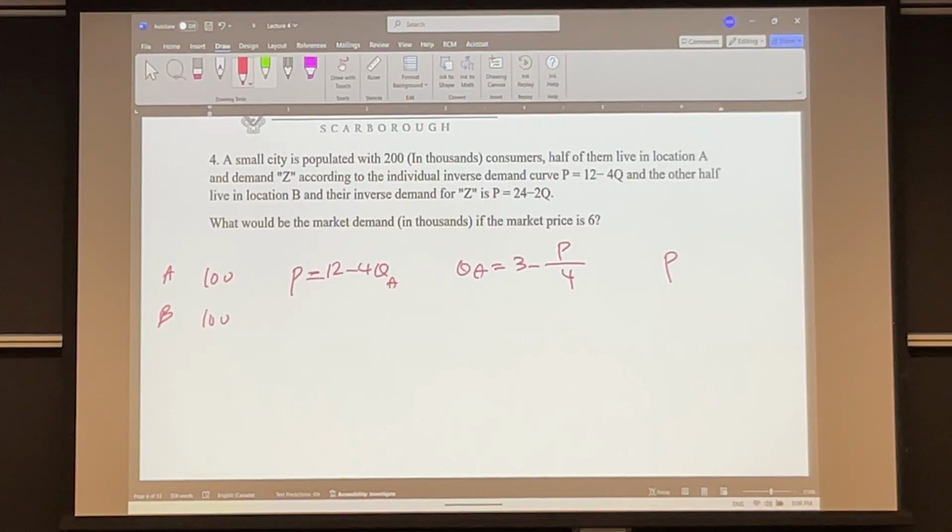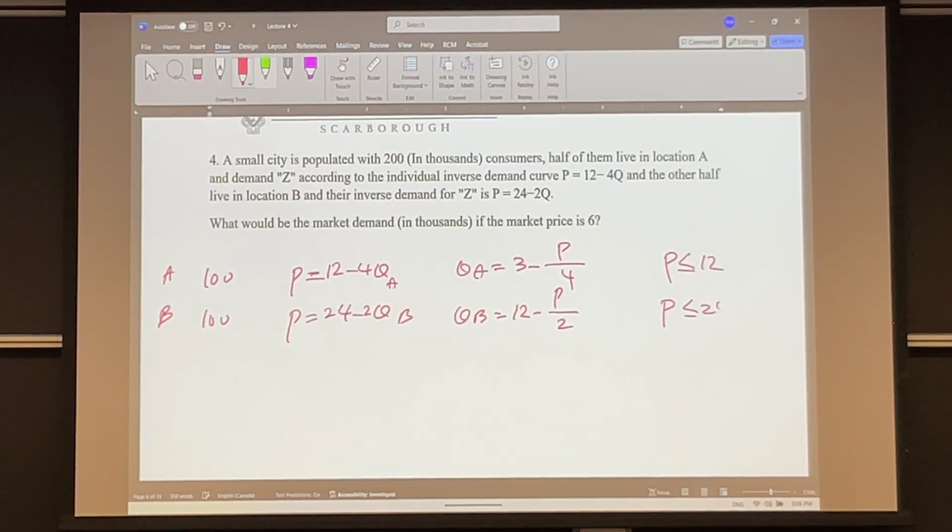So what's the reservation price for the first group? 12. Put Q equal to 0, that's the highest price they want to pay. The second one, that is this. And the reservation price is how much? 24. 24. Right?